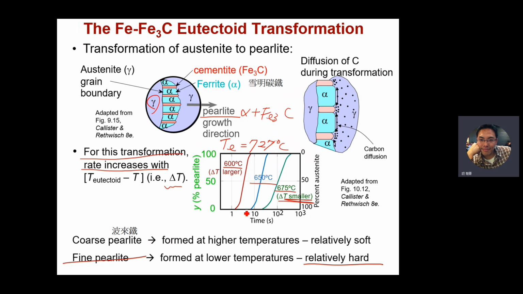Say this point is the transformation rate, and this point is the transformation rate, and this point is the transformation rate. So we can compare the transformation rates corresponding to different delta T.